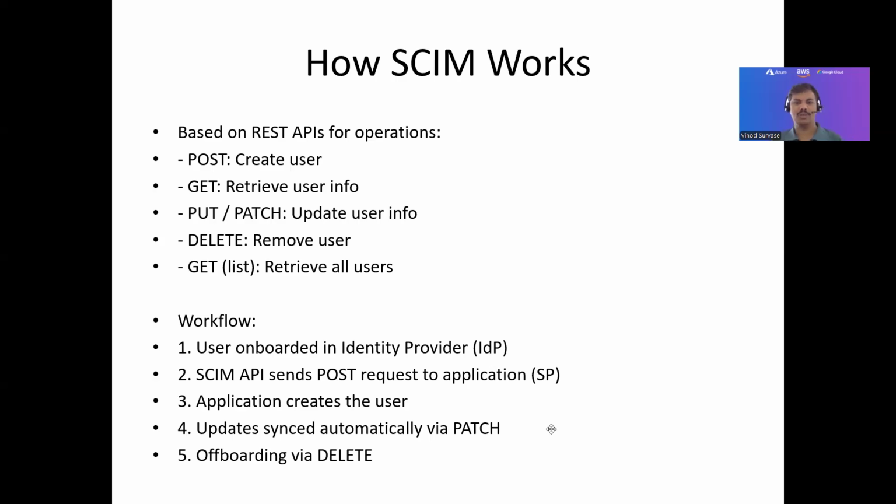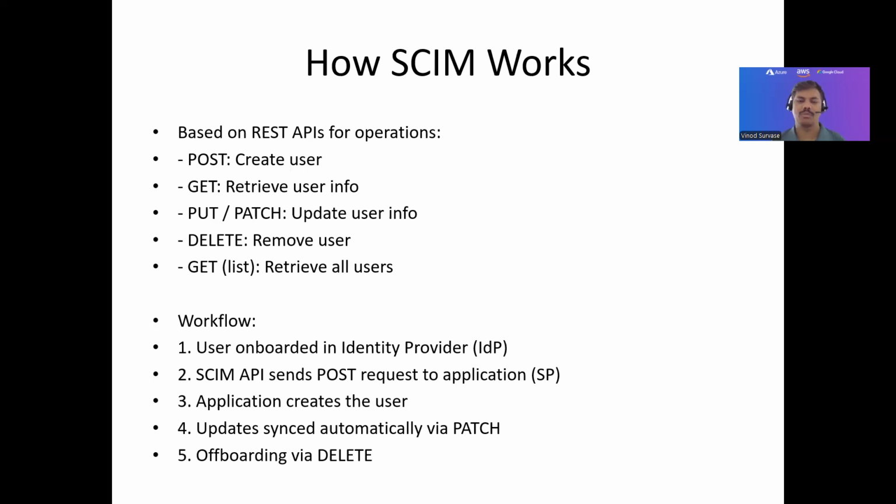And then if you understand it in a better way through the workflow: the user is onboarded into the identity provider, right? Then the SCIM API sends a post request to the application, which is the service provider in this case. Then the application creates the user, and updates are synced automatically using patch, right? And then offboarding via delete: when a user is deleted, or you just want to offboard that user, they can simply be deleted from the respective service provider, which is the application in this case.